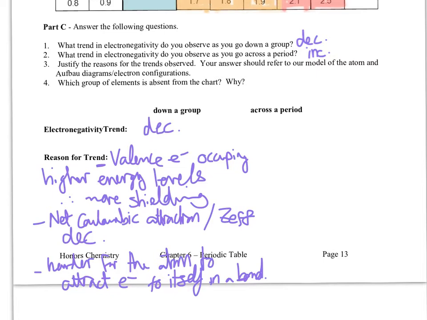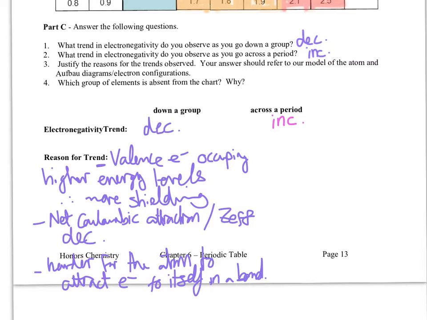Okay, let's take a look at the trend as you go across a period. So as we go across, we see that it is increasing. So remember again, both ways, whether you're going down a group or across a period, we do have more protons in the nucleus, so your nuclear charge is increasing, more attraction.